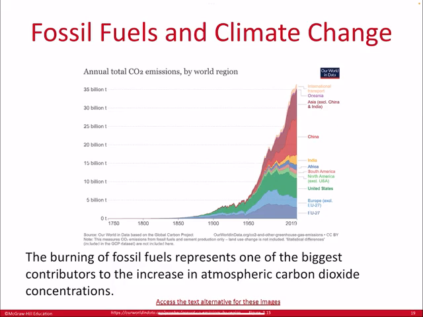Here's the total CO2 emissions by the world, and this is through the burning of fossil fuels. We didn't really know about fossil fuels in 1750 or 1800, 1850, but what important event happened around 1900? Well, it was the Industrial Revolution.